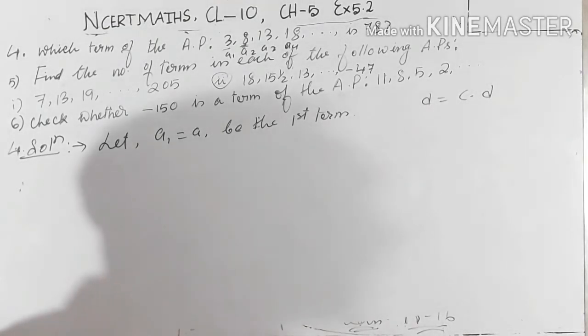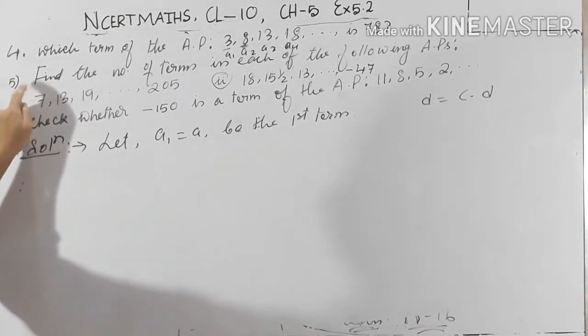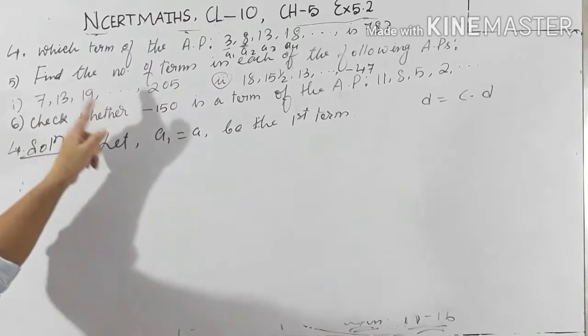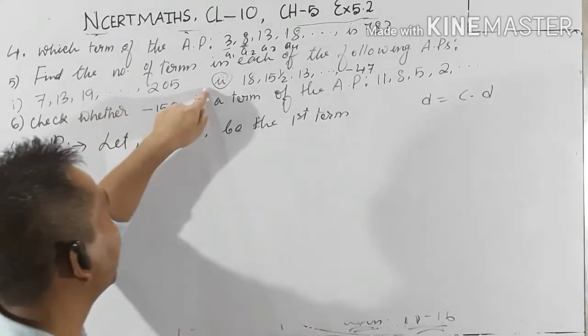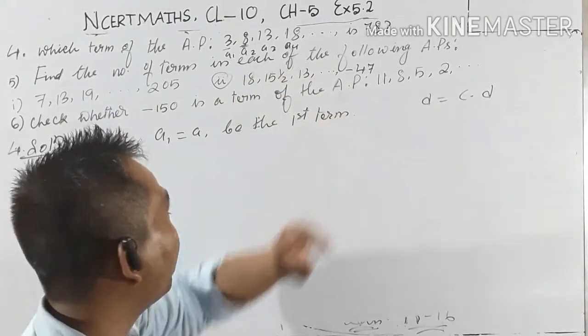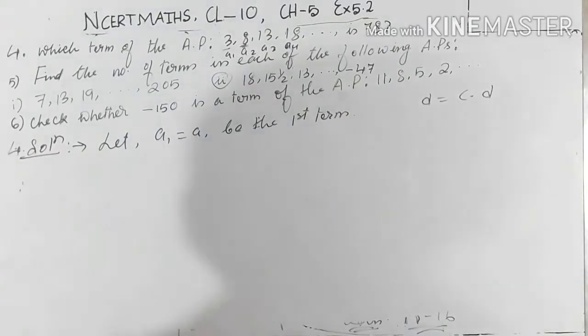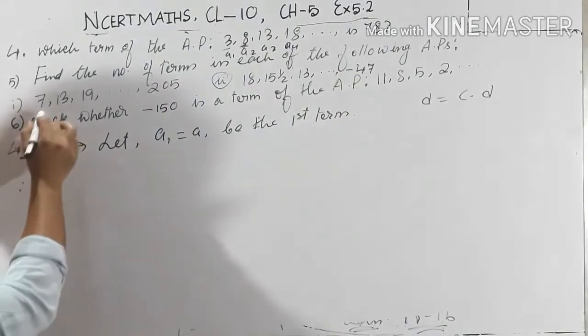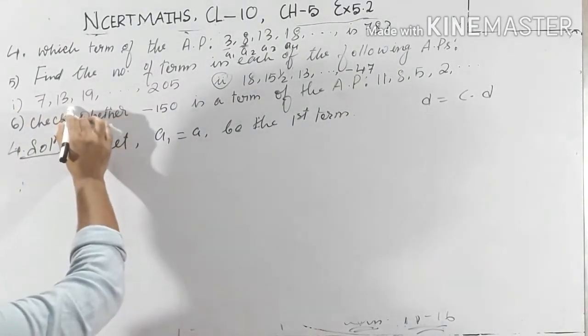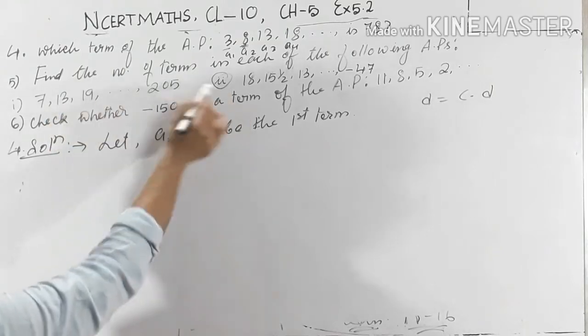By finding the number of terms, that is n equals, right? So here in question number 5, the question is asking to find the number of terms in each of the following APs. How many APs are given? 2 APs are given here, Roman number 1 and Roman number 2.